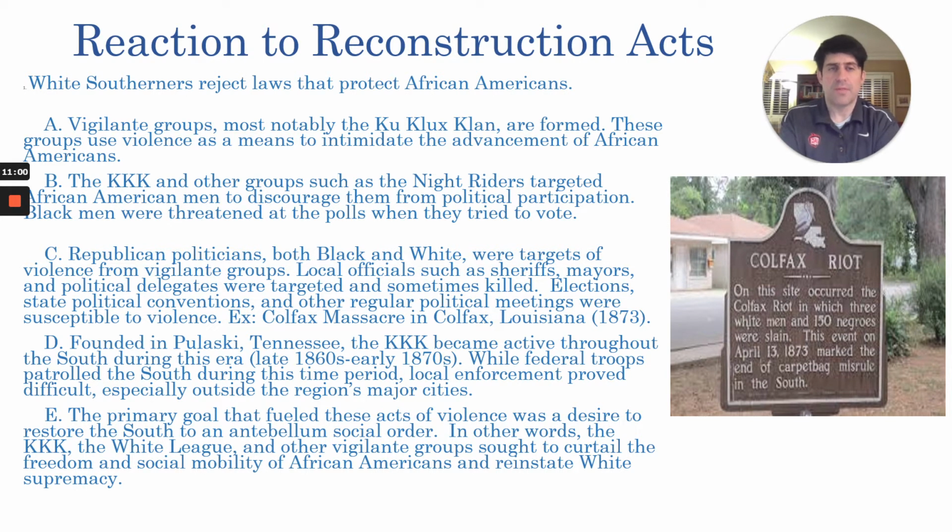As you can see by the picture of the plaque, which was erected in the 1950s, it is clearly written by the white community leaders, or somebody hired by them, and they portray the event as a riot, an uprising, and say that the killings were justified.